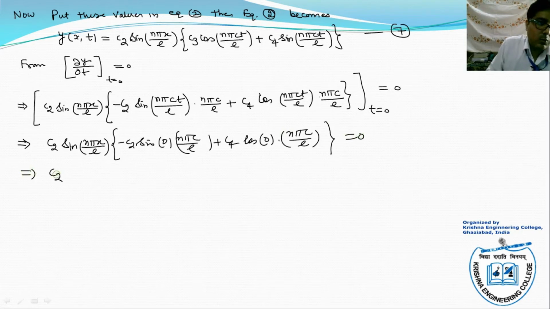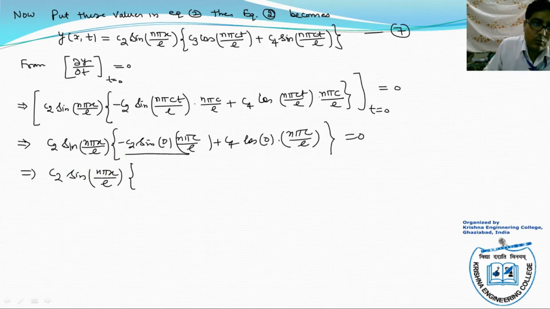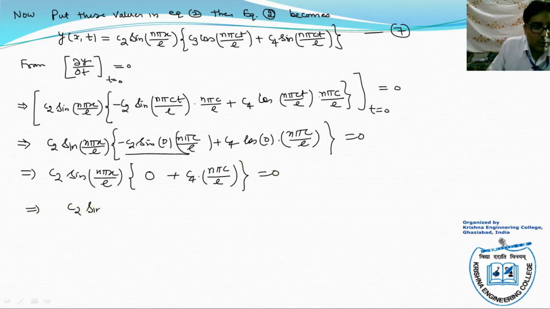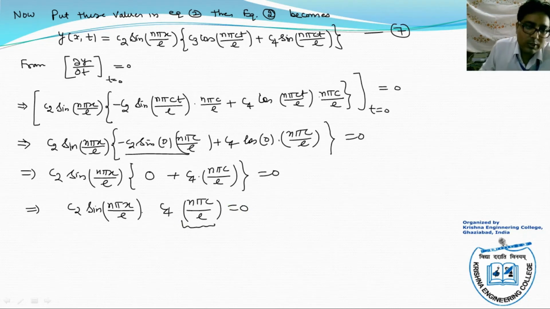C2 sin n pi x by L is as it is, and sin 0 is equal to 0, so the whole term is equal to 0. Clear? Plus C4 cos 0 is equal to 1, so this becomes n pi C by L. Clear? Is equal to 0. So now this becomes C2 sin n pi x by L into C4 n pi C by L is equal to 0. This is a totally constant term.